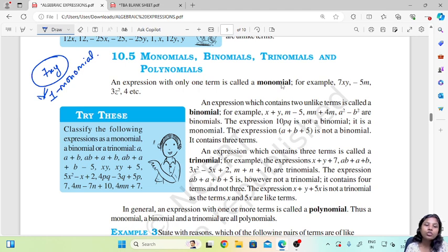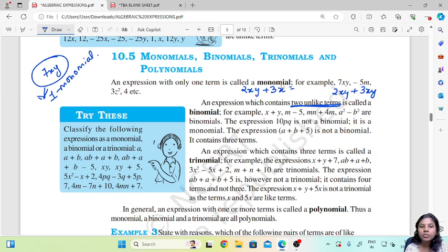Any expression that has two terms, so any expression that has two unlike terms, is a binomial. Why does it say unlike terms? See. Say I have 2xy here plus I have 3x. And here say I have 2xy plus I have 3xy. This, can I add?